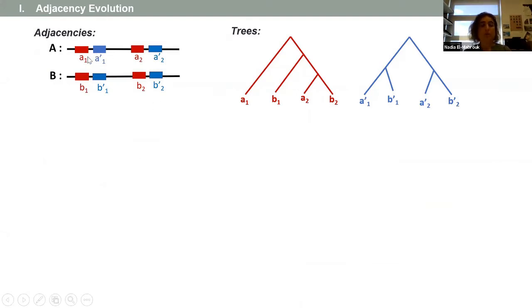So for example, here we have two gene families, the red and the blue. And we have two gene trees, and we have adjacencies between the genes of these two families. Okay, so the first step is to reconcile these two gene trees, so to infer duplication and speciation events from the LCA mapping. Okay.